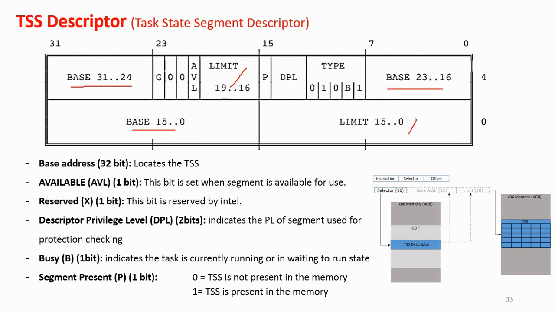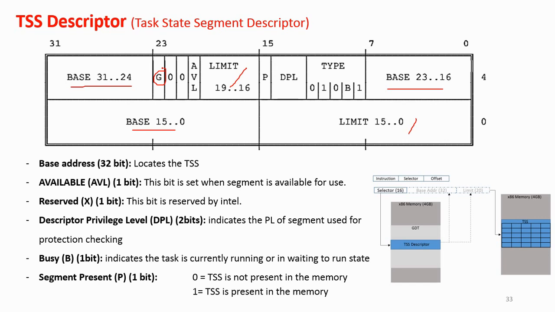Then comes the granularity bit. This bit indicates how the limit field is to be interpreted, that is, whether the limit field is specified in terms of size in bytes or size in 4KB chunks. If this bit is set, then the segment size changes from 4KB to 4GB.